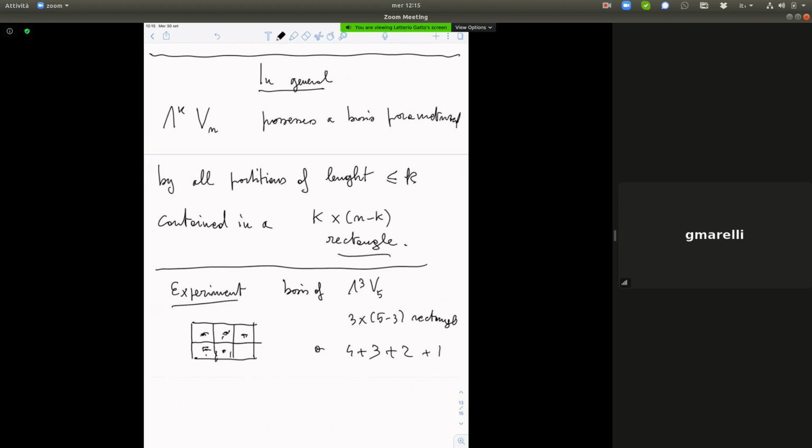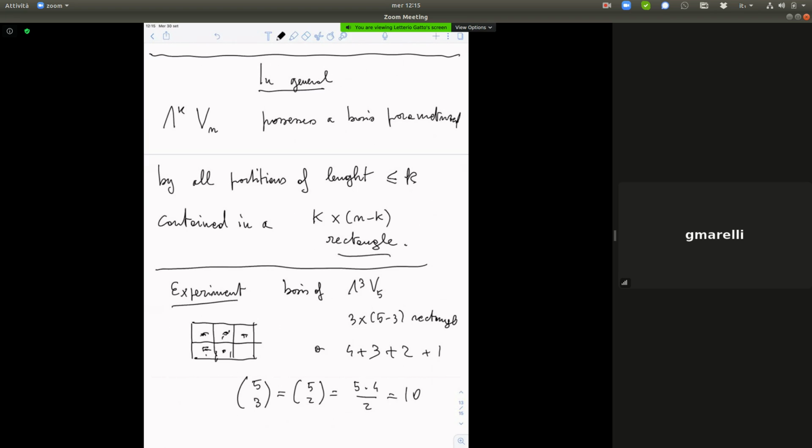And I count 1 plus 2 is 3. Plus 3 is 6. Plus 4 is 10. Let's compute: 5 choose 3 is the same as 5 choose 2. 5 times 4 over 2 is 10. It's beautiful. The binomial coefficients coincide with the number of partitions contained in a k times n minus k rectangle.